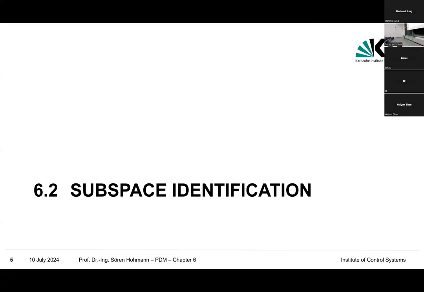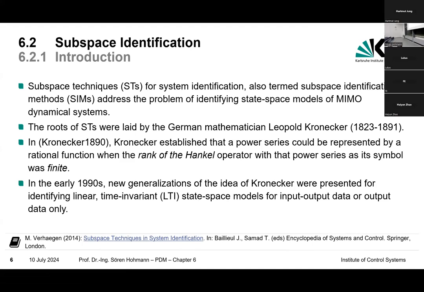It's called subspace identification, and it's also a very old and traditional technique, which has already been invented by Kronecker for a completely different topic, but Kronecker showed that representations can be done to represent data in a certain way, and these are used here.